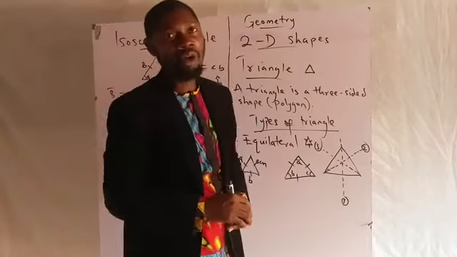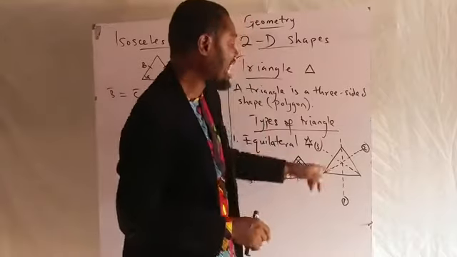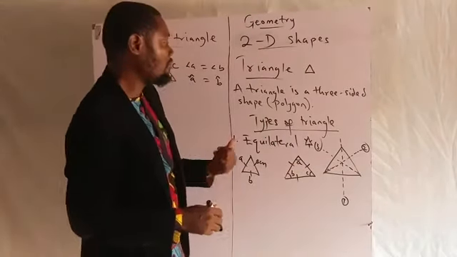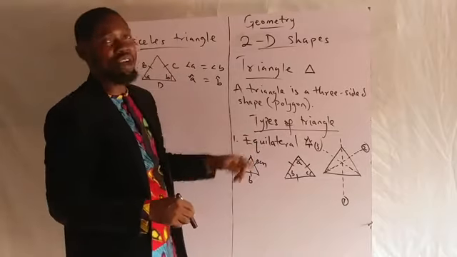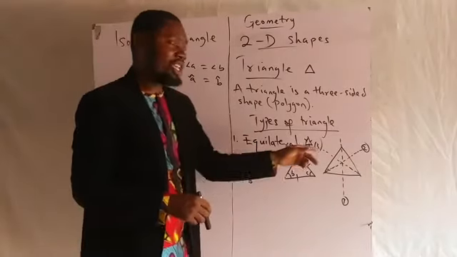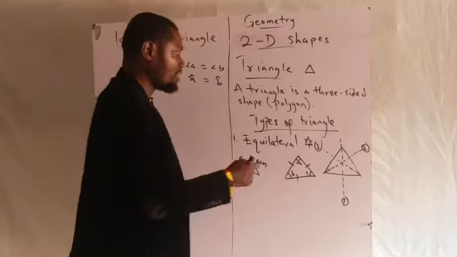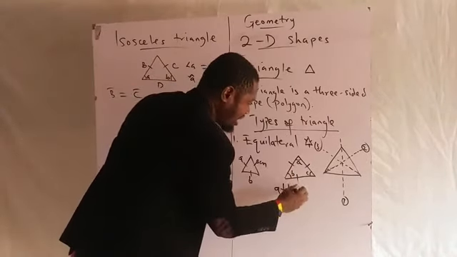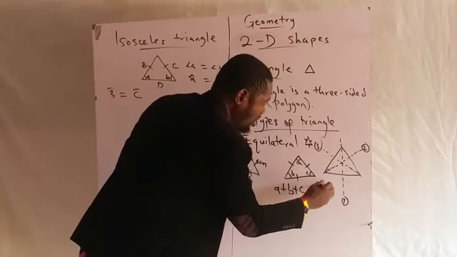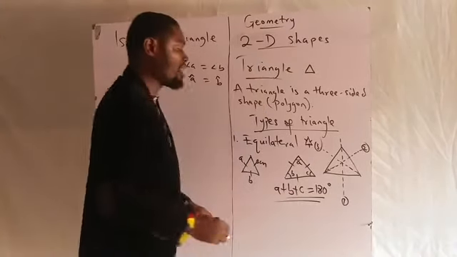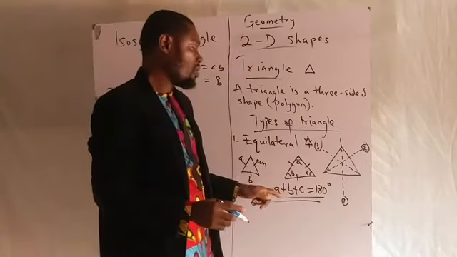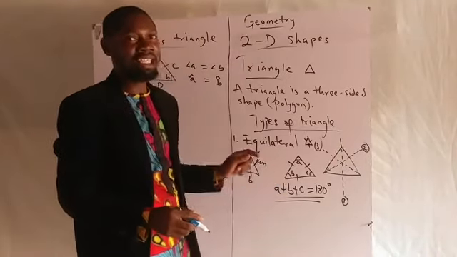The sum of interior angles, or inside angles, is 180 degrees. So for the equilateral triangle, which has 3 lines of symmetry, if you add angle A plus B plus angle C, you're going to have 180 degrees. That's why we said the sum of interior angles of a triangle is 180 degrees.